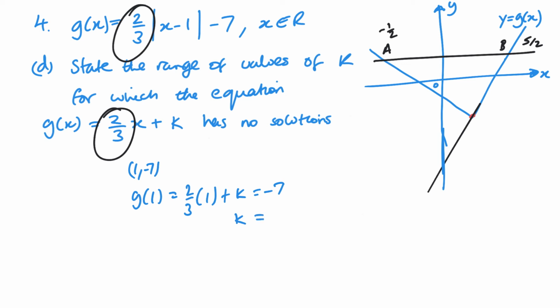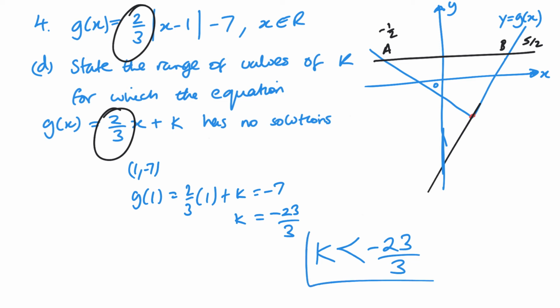So k, taking away 2/3, is -23/3. We obviously want no solutions, so we want when k is less than -23/3, and there we have it.